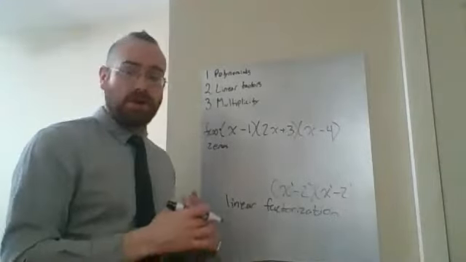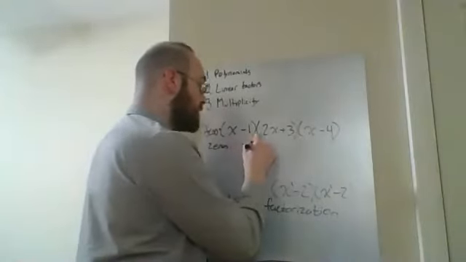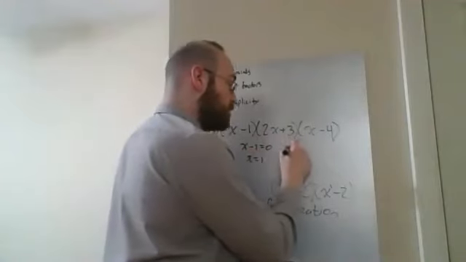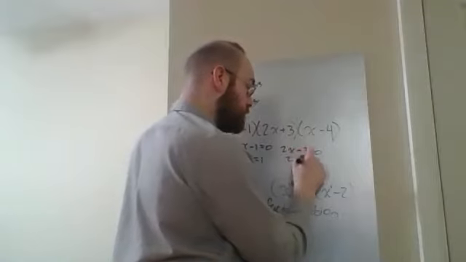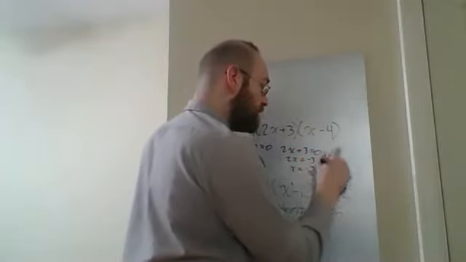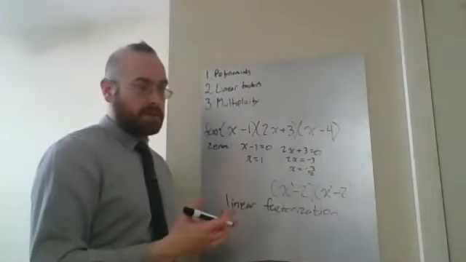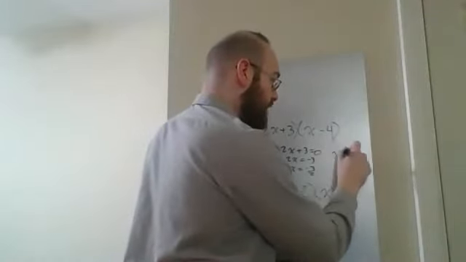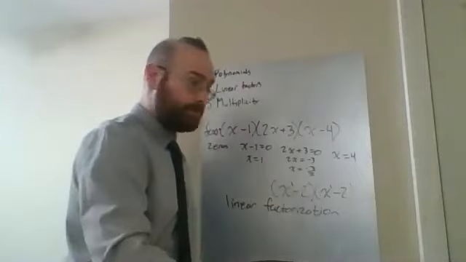They might also be called roots, depending on your preference. So if we have x minus 1 equal to 0, x is equal to 1. We have 2x plus 3 equal to 0, and 2x is equal to -3, and x is -3/2. And for this last one, take a moment, probably already have it in your head, and the solution is x equals 4. Each of these are zeros.